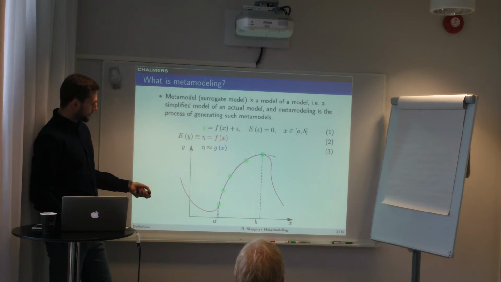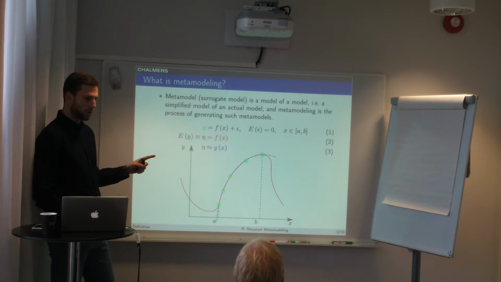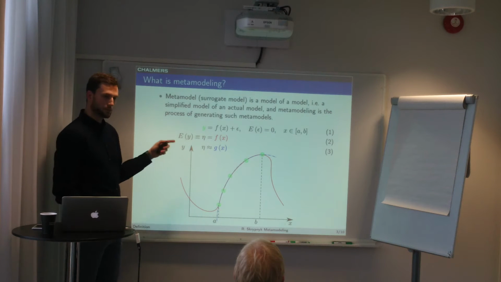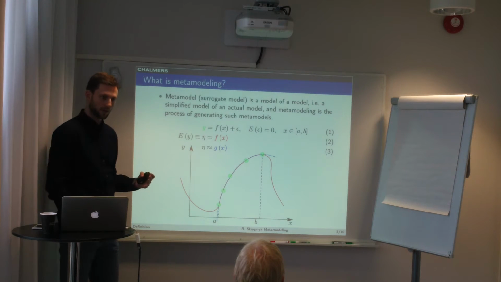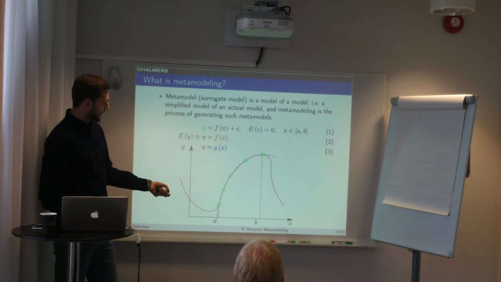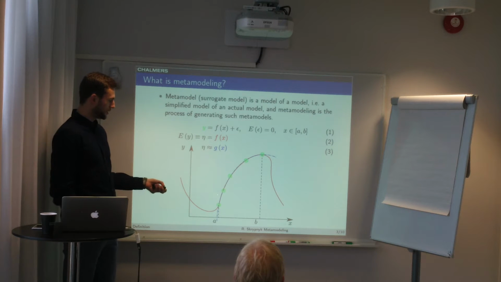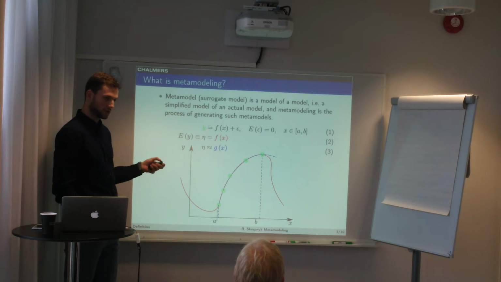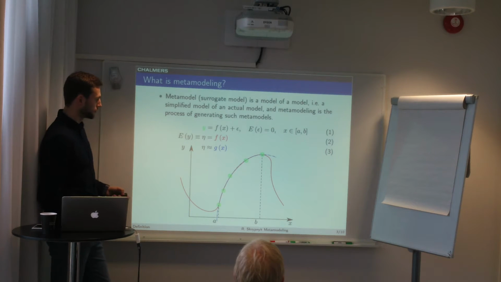We will approximate it on this interval from a to b with our metamodel. This is important. What I want you to know is that g is an approximation of a model f that our theory maybe provided us with, and it has to match the true response function, the model, on the certain interval that we limit ourselves to.